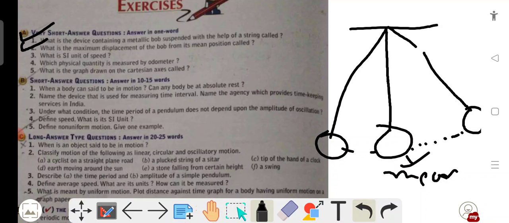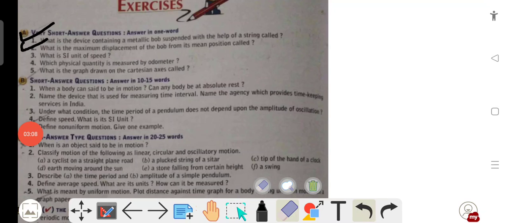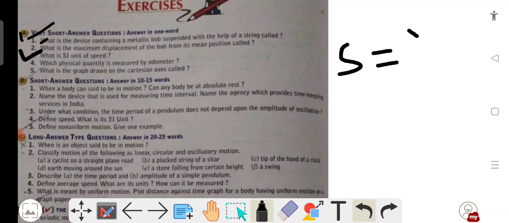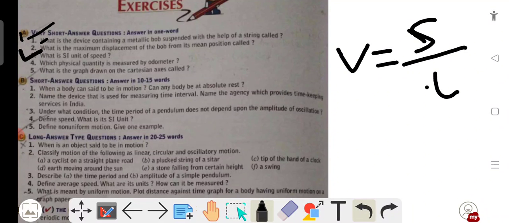Now in the next question, what is the SI unit of speed? Speed is equal to distance traveled by time.